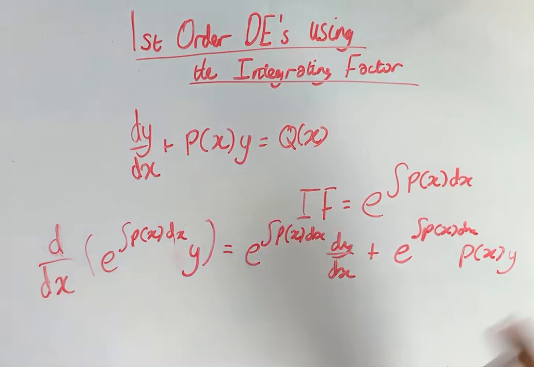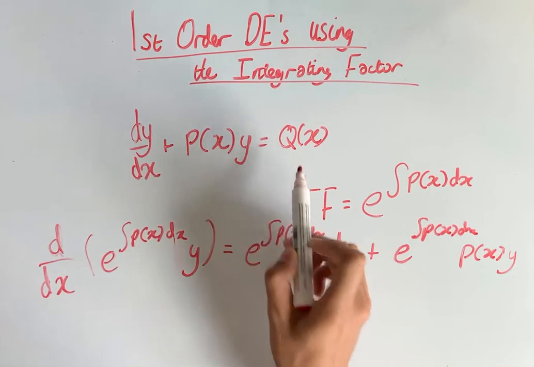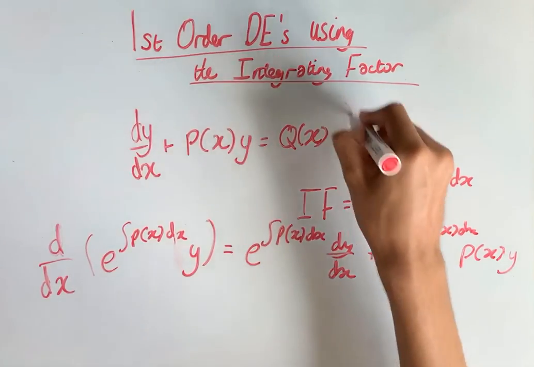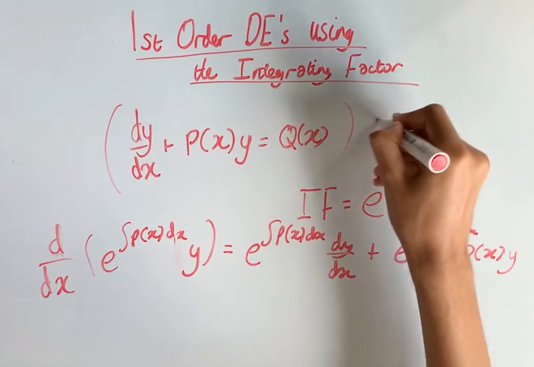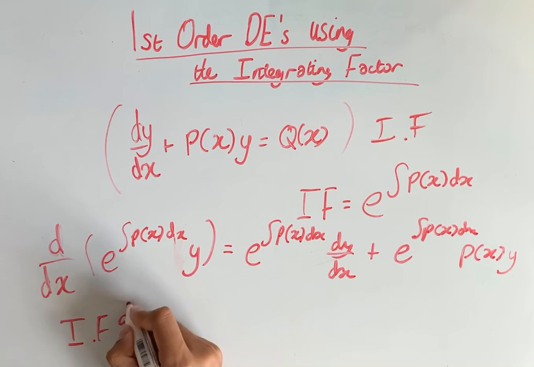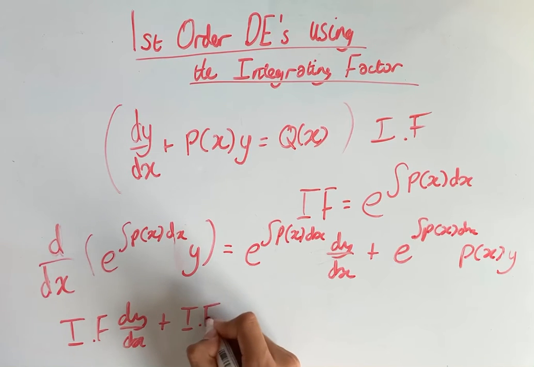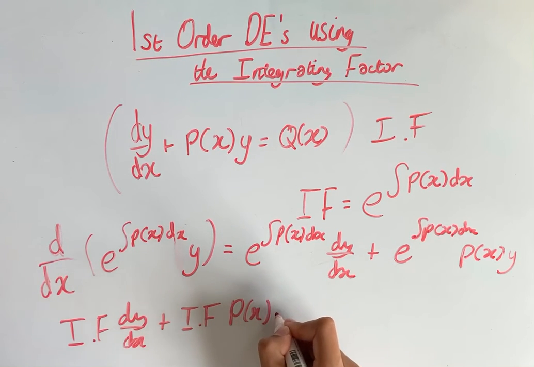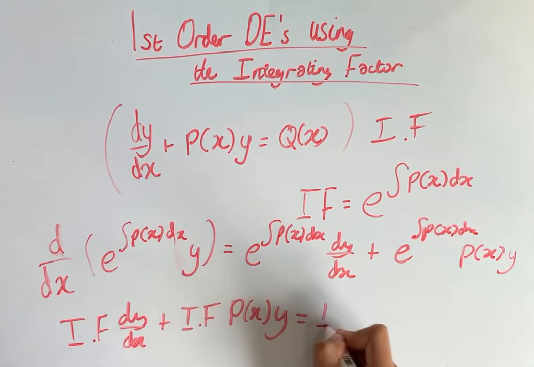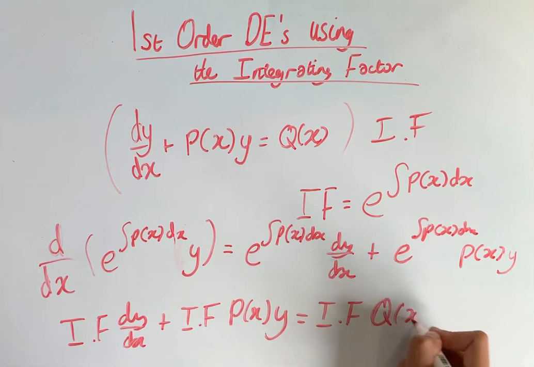It means that if we had this equal to that, then multiplying this whole equation by what I'm going to call IF now, we would get IF dy/dx plus IF p(x) y equals IF q(x).